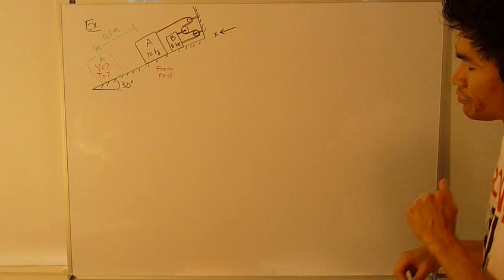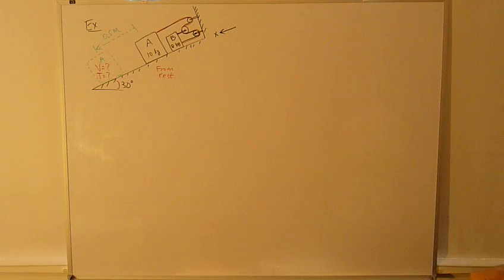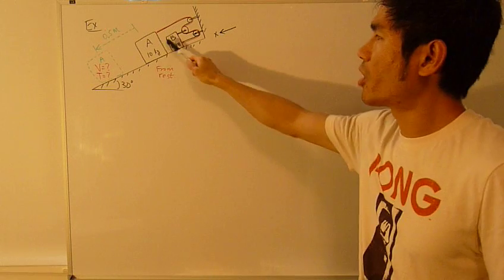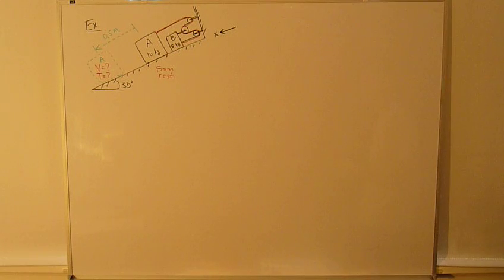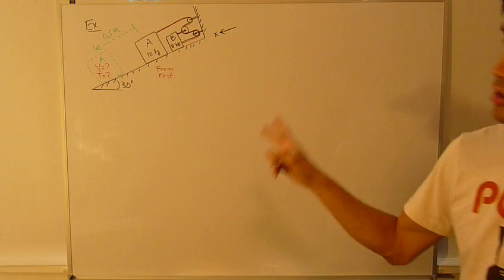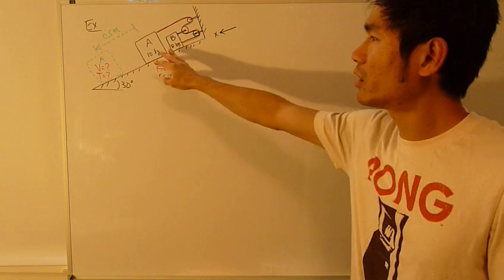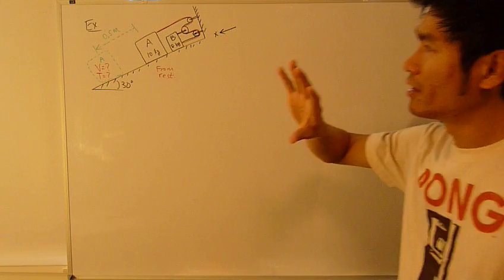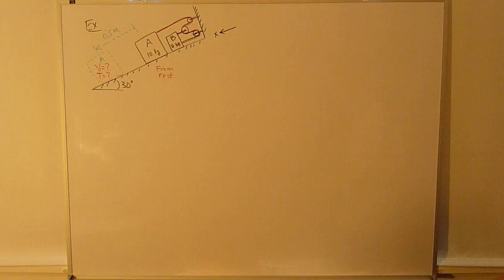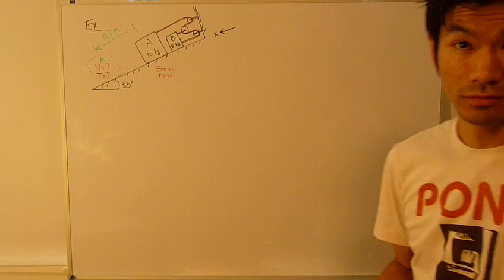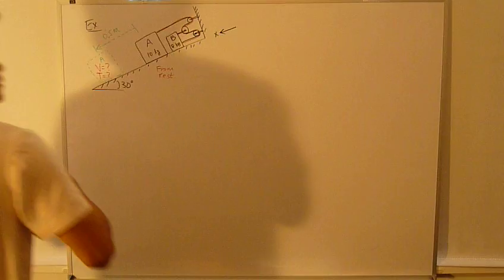And then the next step is you draw a free-body diagram for each particle. If you draw a free-body diagram for each particle, it means that you're going to apply the work-energy method for each particle. Let's do that.